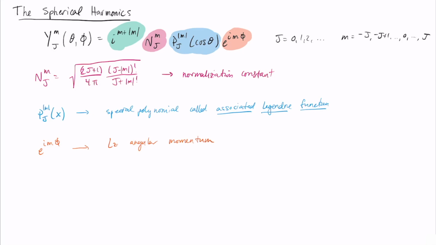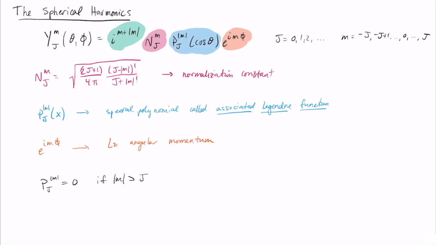Now, there are several very important properties of spherical harmonics that I'm going to introduce really quickly that are worth remembering or worth keeping in mind. So the first is that these associated Legendre functions will equal 0 if the absolute value of m is greater than j.